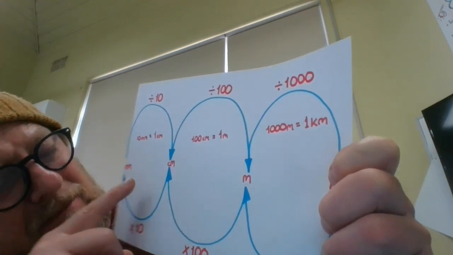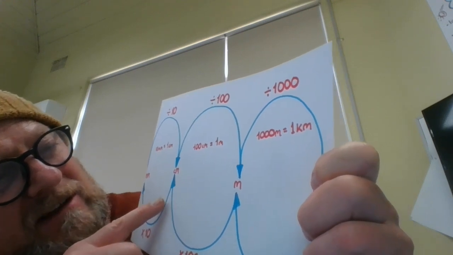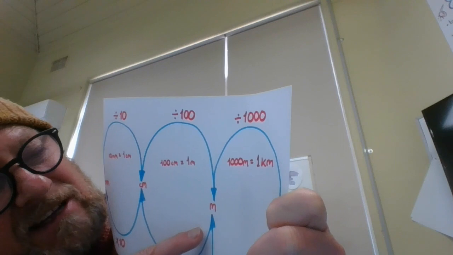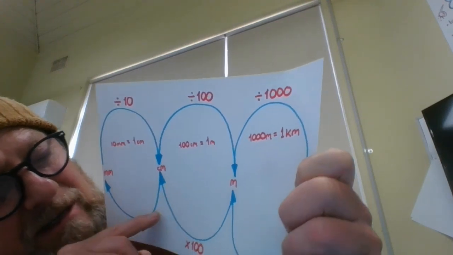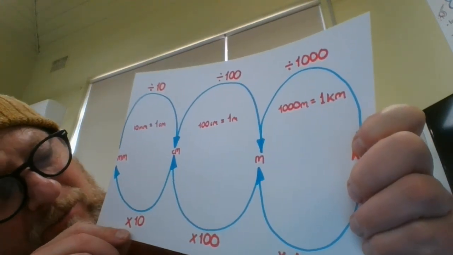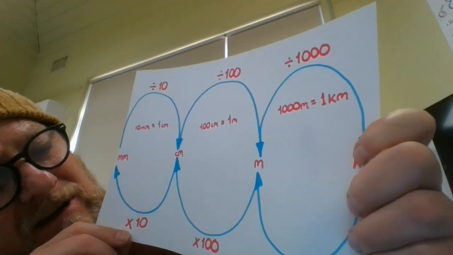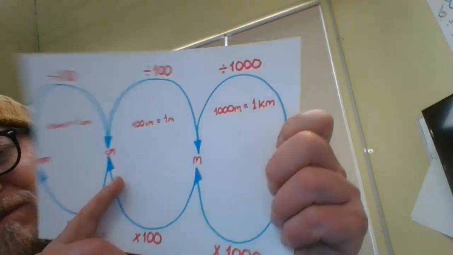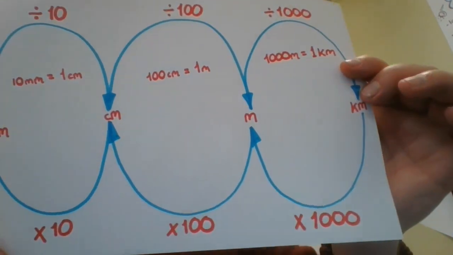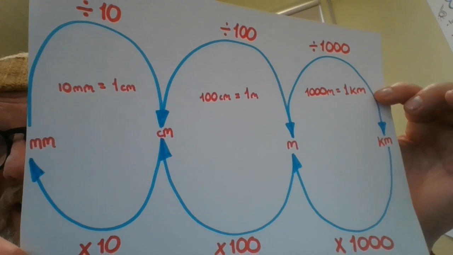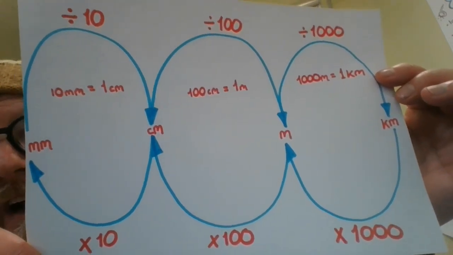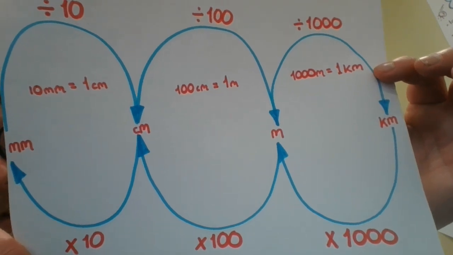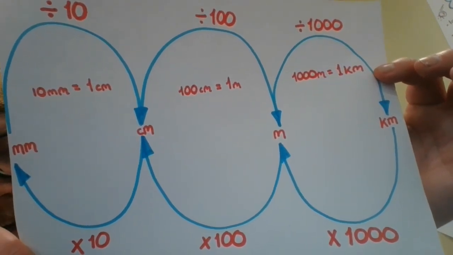So we find out that 10 millimetres is equal to 1 centimetre, 100 centimetres is equal to 1 metre, and 1,000 metres is equal to 1 kilometre. So when we go to the right, we times by 10, times by 100 and times by 1,000. And if we wanted to convert the other way, we would divide: divide by 10, divide by 100, and divide by 1,000.